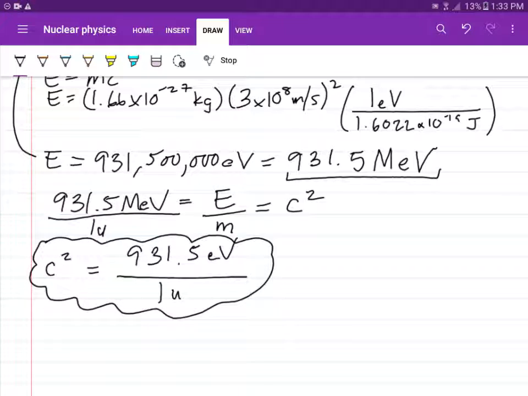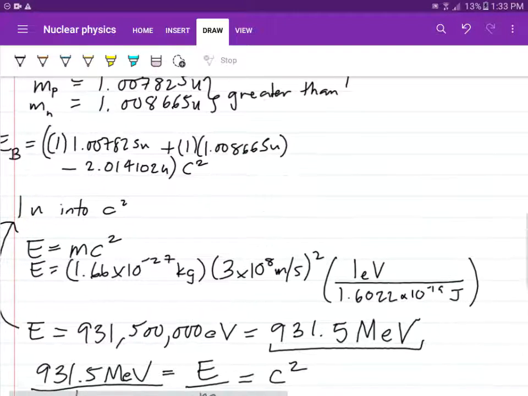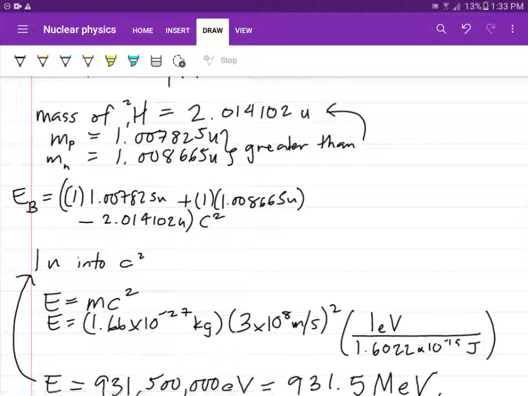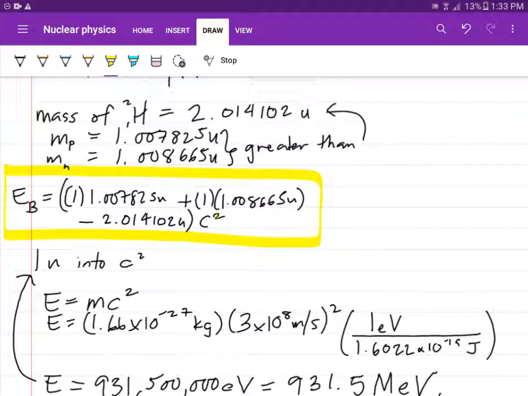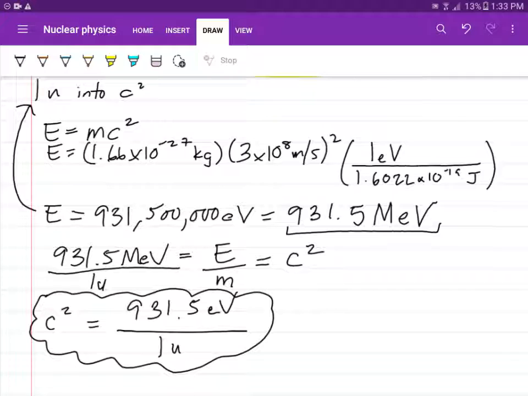So going back to our calculation earlier, we will replace c squared with the value that we got here, 931.5.